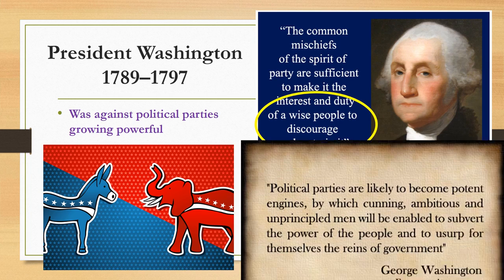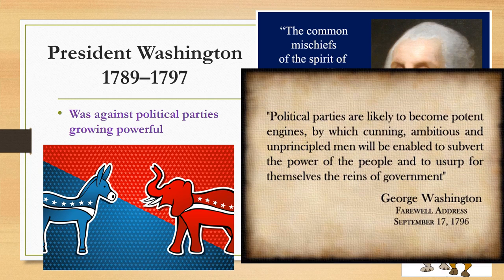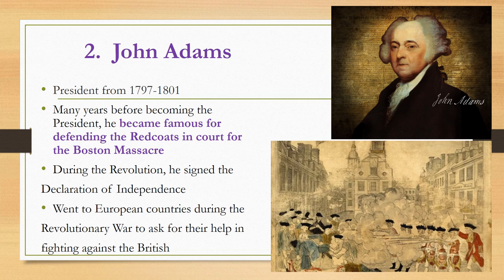And perhaps Washington had this in mind when he said, "Political parties are likely to become potent engines by which cunning, ambitious, and unprincipled men will be enabled to subvert the power of the people and to usurp for themselves the reins of government." He said this in his farewell address as he was stepping down from president and moving on. And we can see the wisdom in some of these quotes.